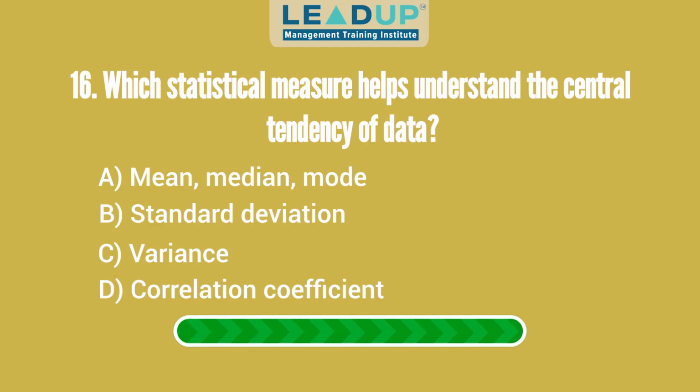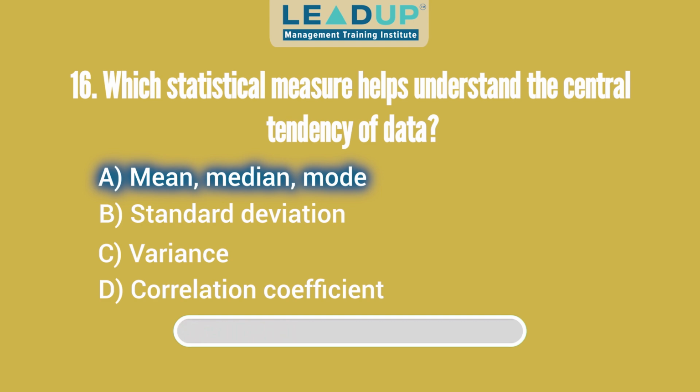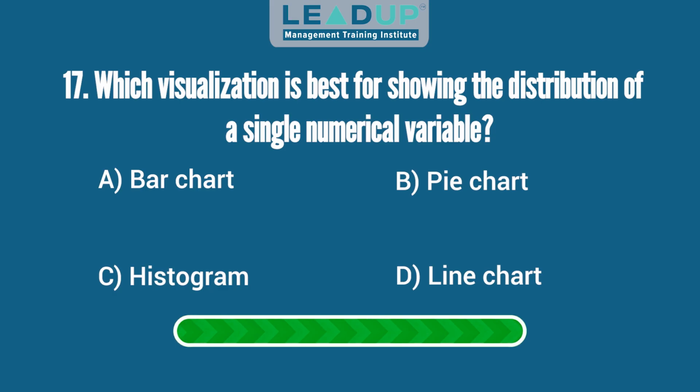16. Which statistical measure helps understand the central tendency of data? A. Mean, median, mode. B. Standard deviation. C. Variance. And D. Correlation coefficient. The answer is mean, median, mode. 17.